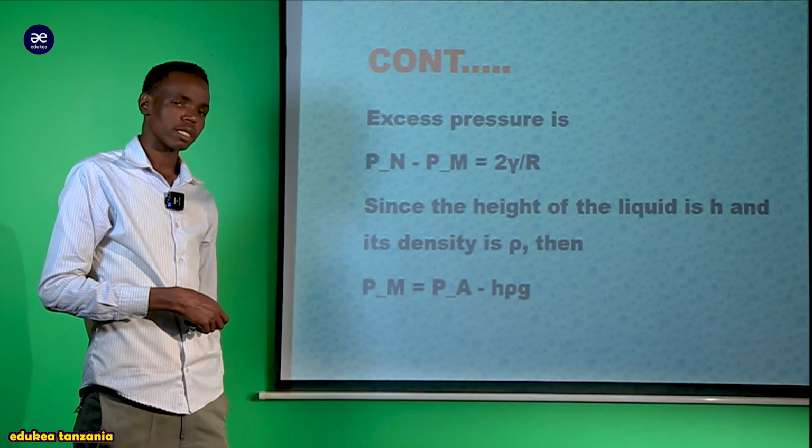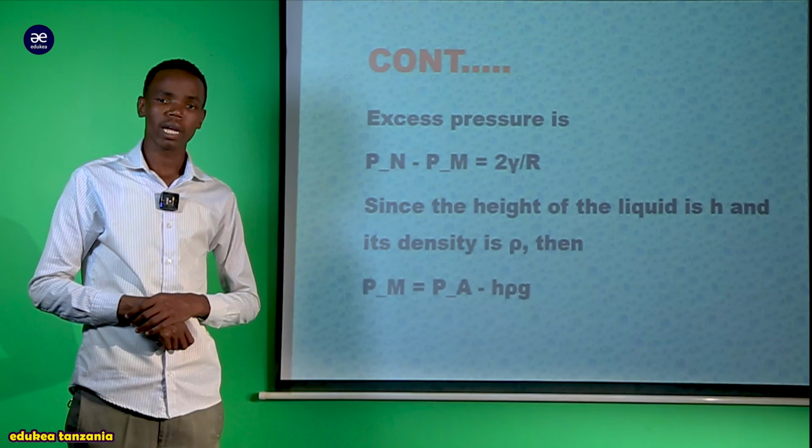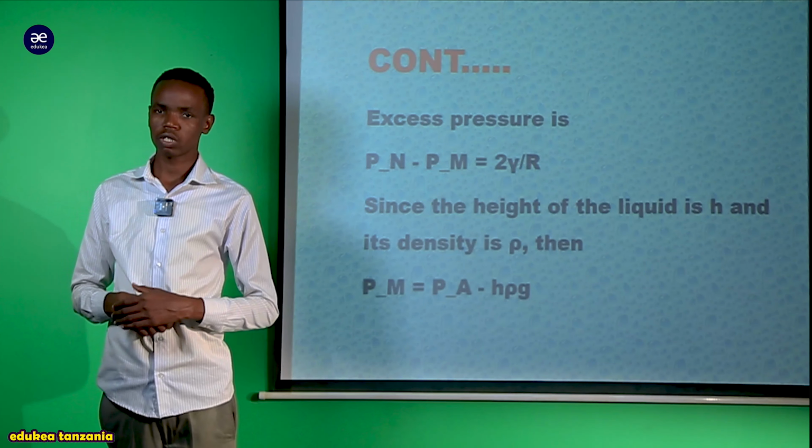Now the pressure at point M must be equal to the atmospheric pressure minus h times the density times the acceleration due to gravity.